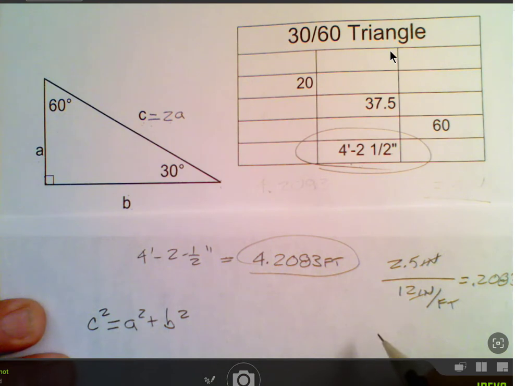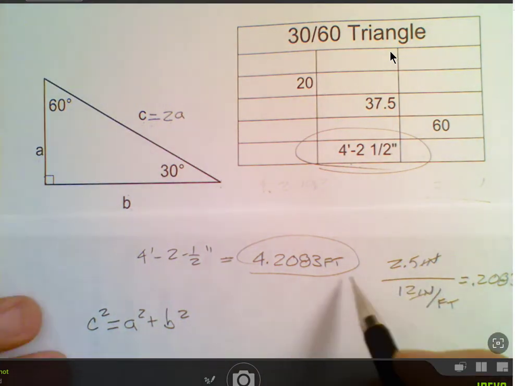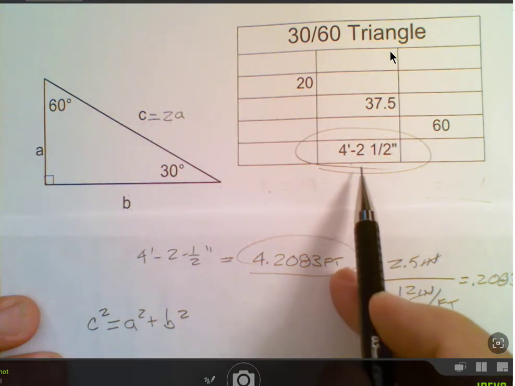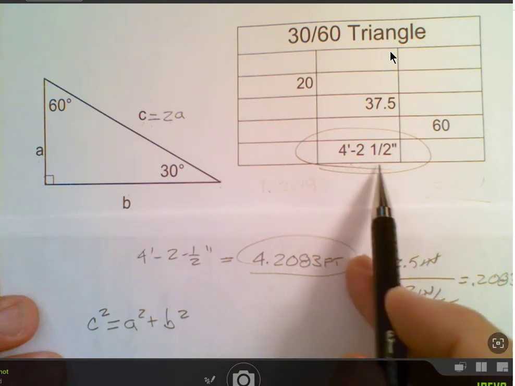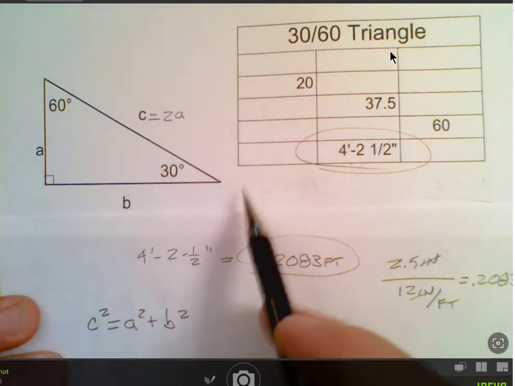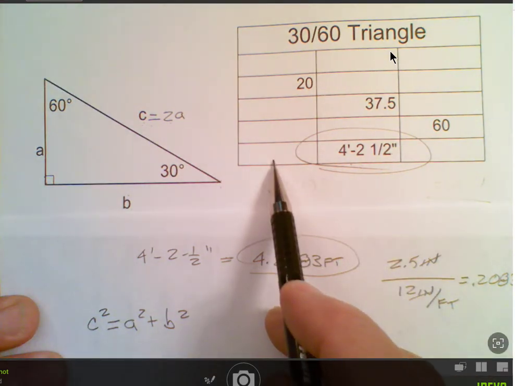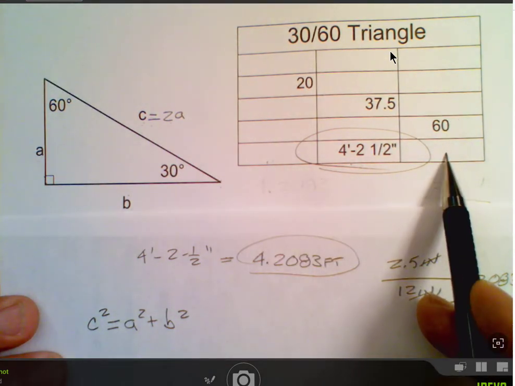And this is simply a characteristic of all right triangles. It makes it very, very helpful in doing design in almost any field where right angles are important. Well, I only gave you one value here, which is 4 foot 2.5 inches. So how can you calculate both sides? Well, if we can find A, double A is going to give us C.